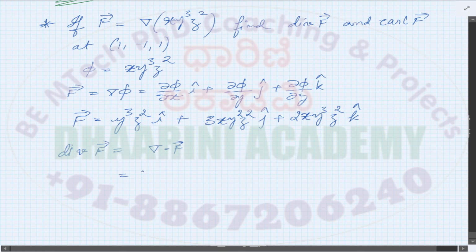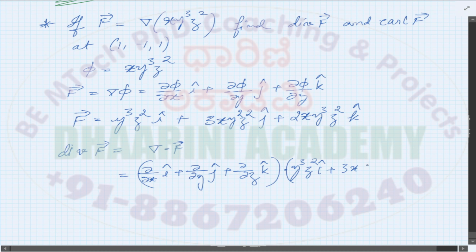So that is nothing but dou by dou x into i cap plus dou by dou y into j cap plus dou by dou z into k cap dot, let's write the given vector. So the given vector here is y cube z square i cap plus 3x y square z square into j cap plus 2x y cube z into k cap.